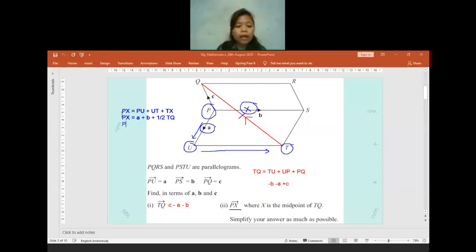So for the PX, later it will equal A plus B plus a half of how many? Did we already find the TQ before? What is the TQ? Read the question properly. We already found the TQ at question 1.